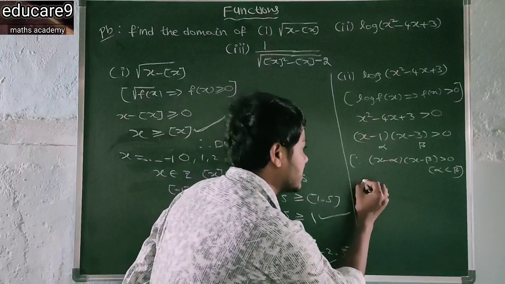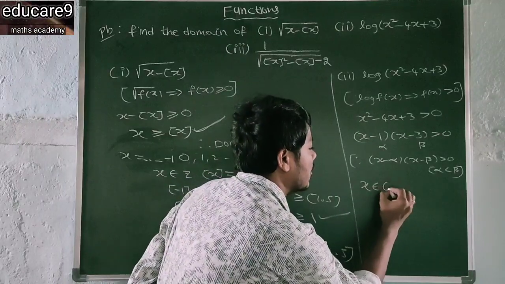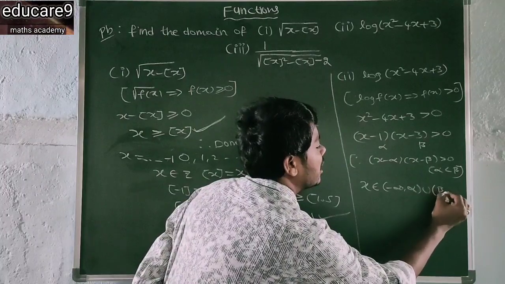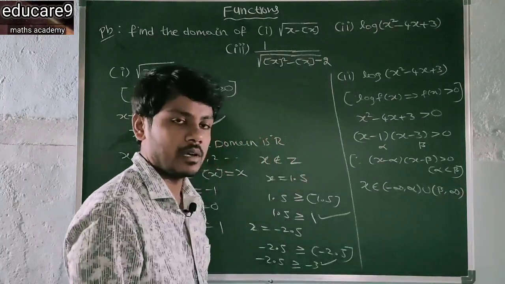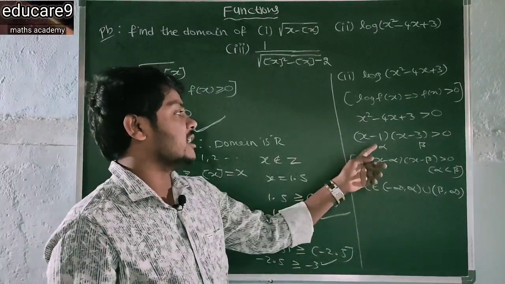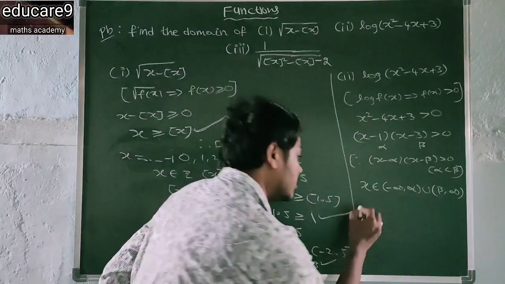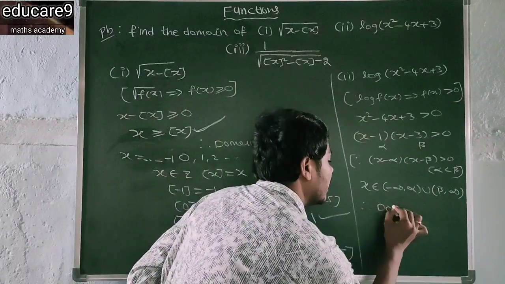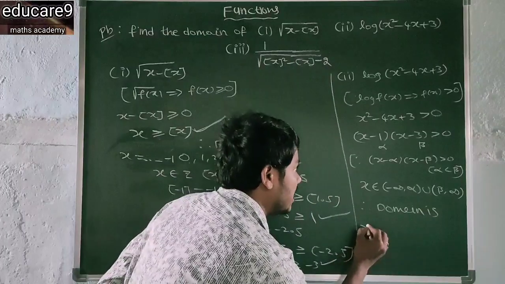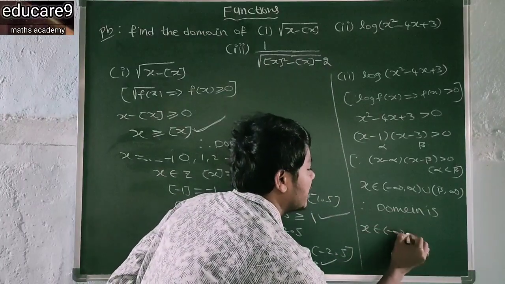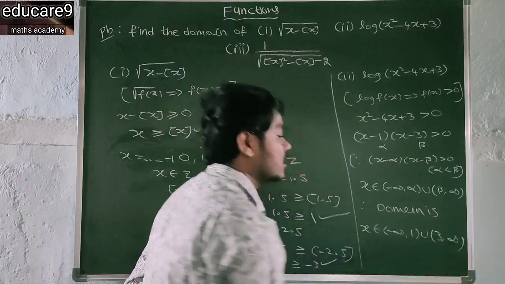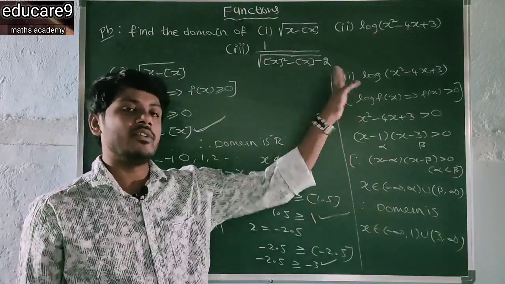So in that case, x belongs to minus infinity comma alpha union beta comma infinity. So these are the x intervals. Now clearly alpha is 1 and beta is 3. Therefore domain is x belongs to minus infinity comma 1 union 3 comma infinity. So this is the domain of a given function.